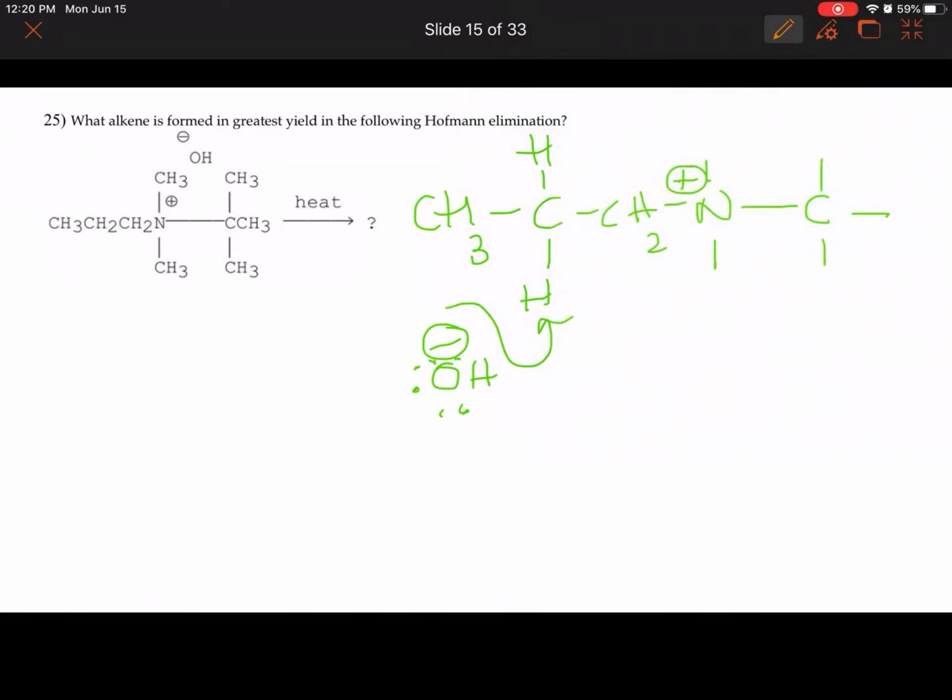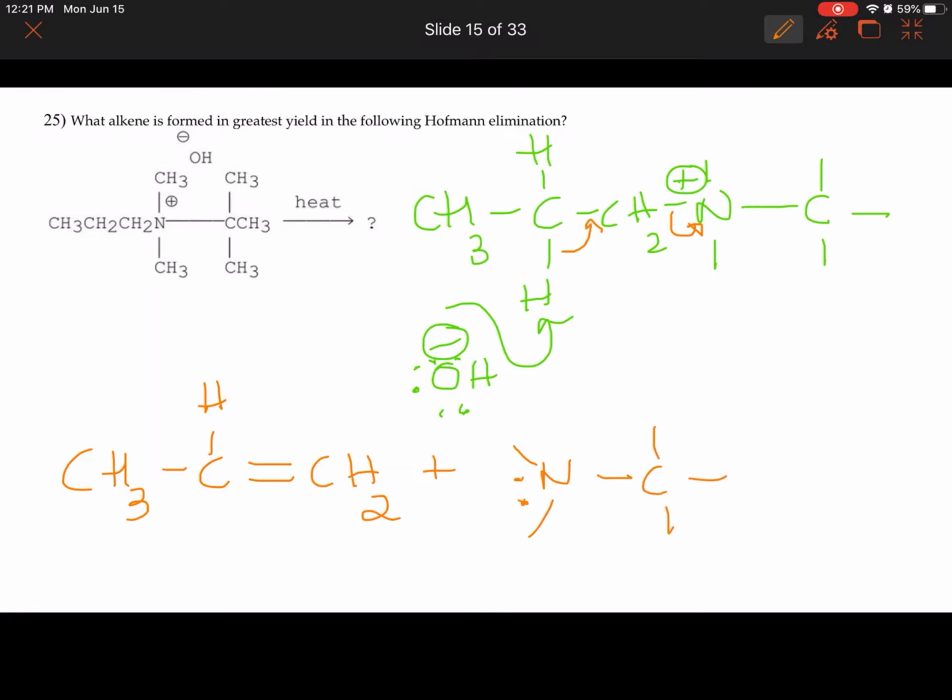And then the base would come and grab a hydrogen from the beta carbon of the molecule. And then the carbon-hydrogen bond breaks and gives its electrons to form a double bond with those 2 carbons. And nitrogen, since nitrogen is already positively charged, it can leave as a neutral molecule, generating an alkene plus the tertiary amine and a water molecule.